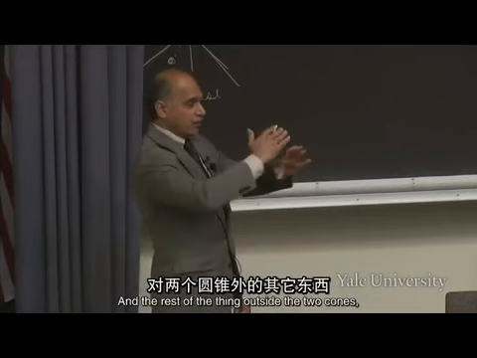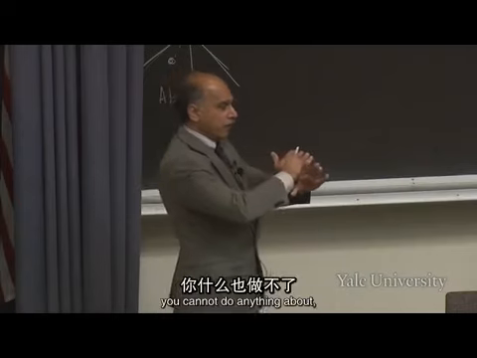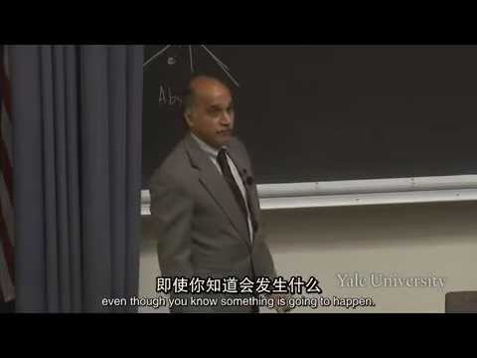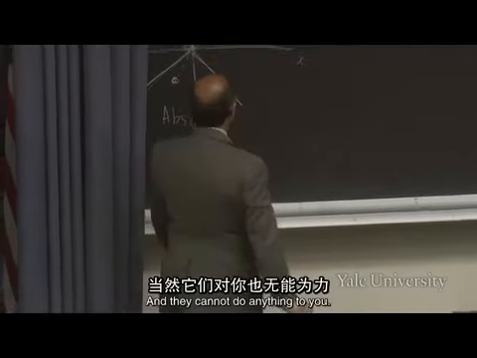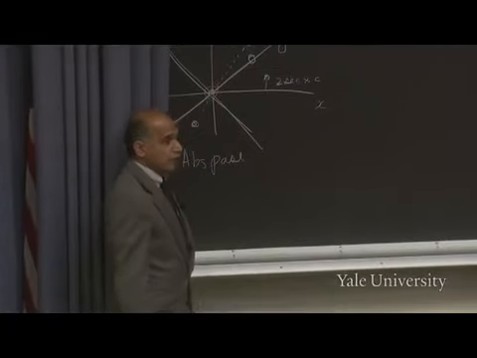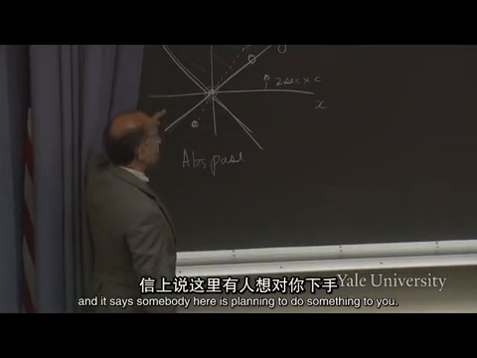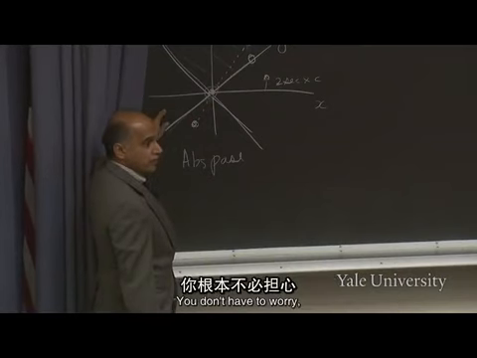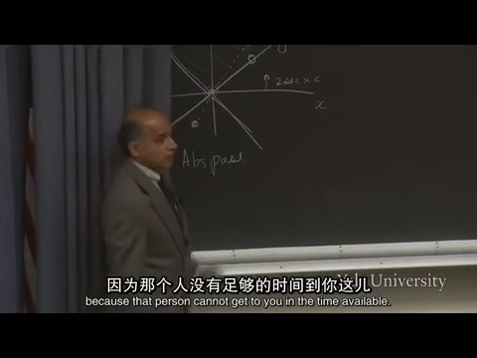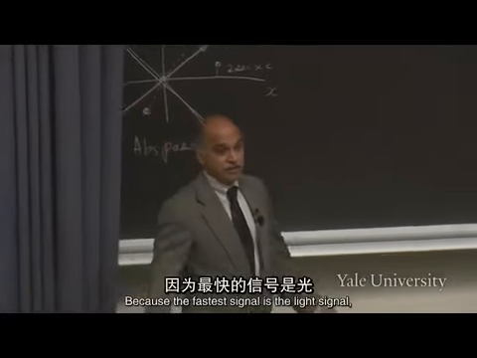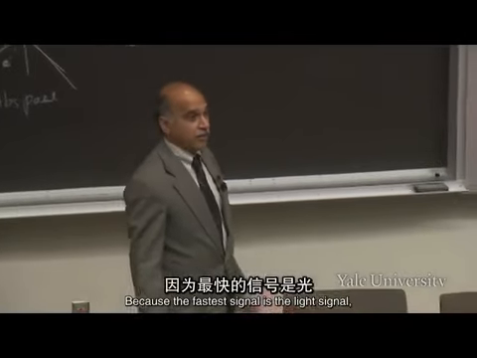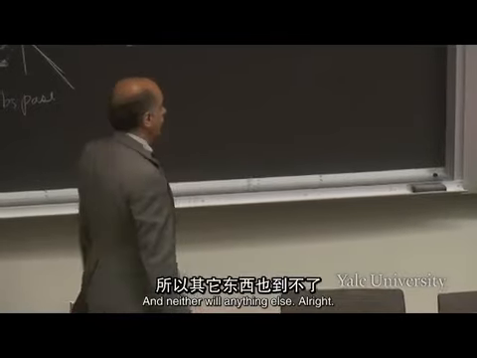And the rest, outside the two cones, you cannot do anything about, and they cannot do anything to you. You open an envelope, and it says somebody here is planning to do something to you. You don't have to worry, because that person cannot get to you in the time available, because the fastest signal is the light signal, and that won't get there, and neither will anything else.